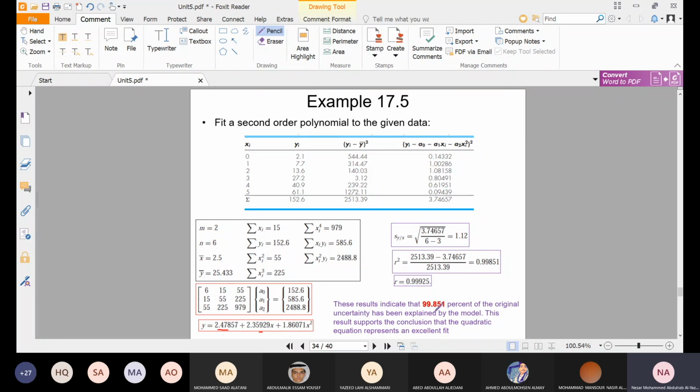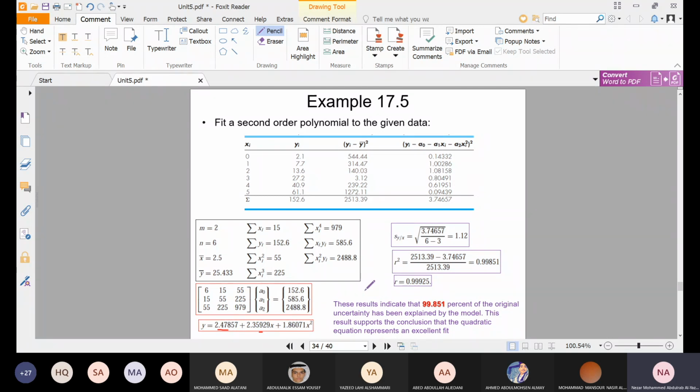That means the result indicates that 99.85% of the original uncertainty has been explained by this model. This concludes that the quadratic equation represents an excellent fit compared with linear. Usually going with quadratic is more difficult, but it represents the data in a good way.